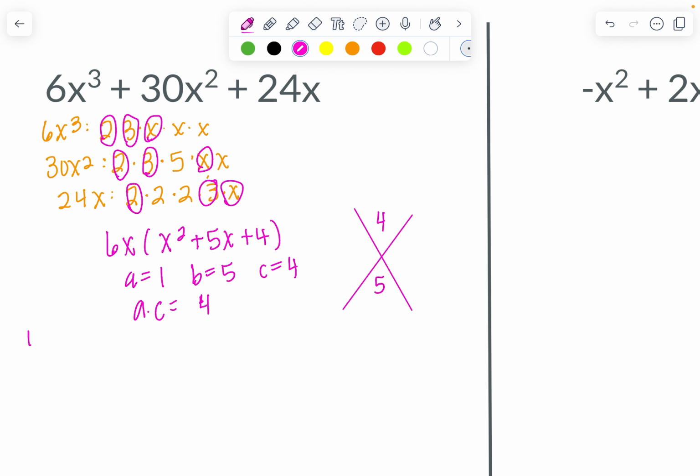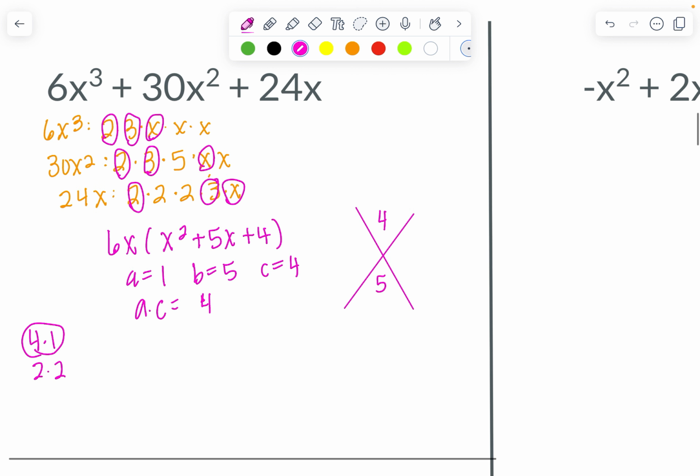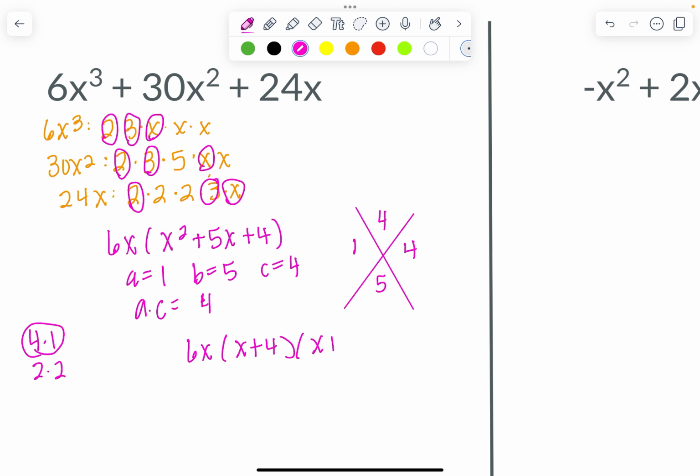My options for 4 are either 4 times 1 or 2 times 2, and 4 times 1 is the one that adds to give me 5. So my final answer then is 6x on the outside, and then x plus 4 times x plus 1. You could put x plus 1 times x plus 4. That doesn't matter.